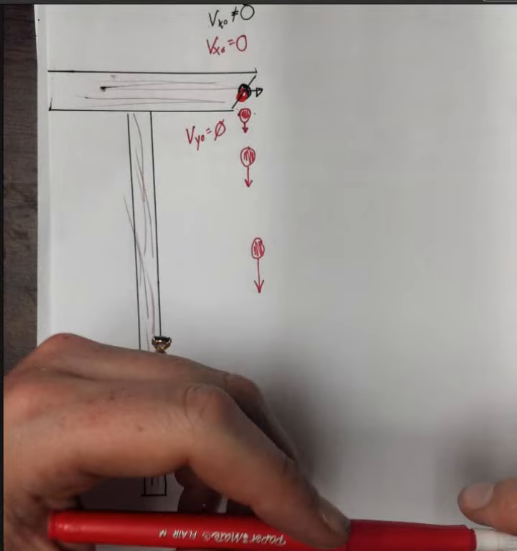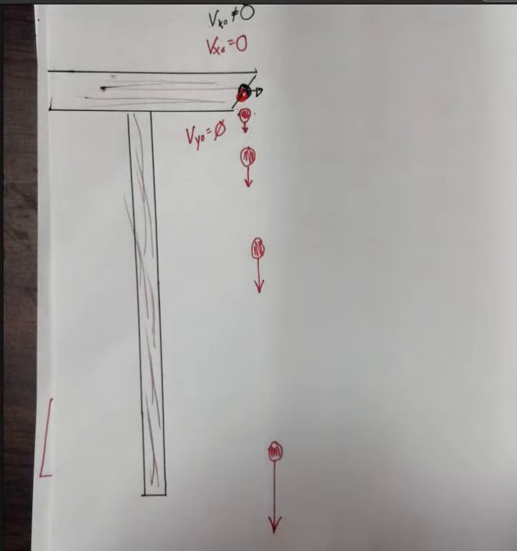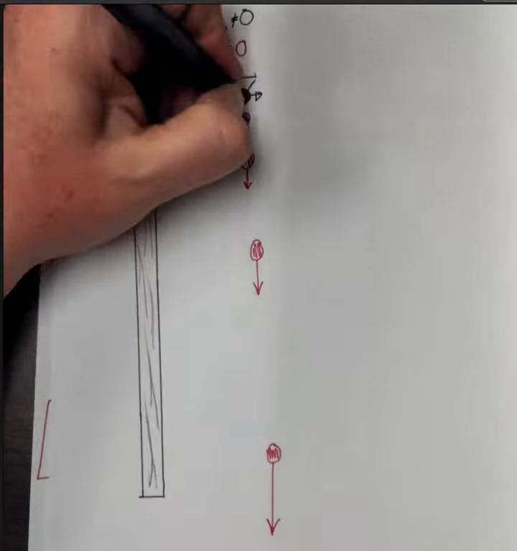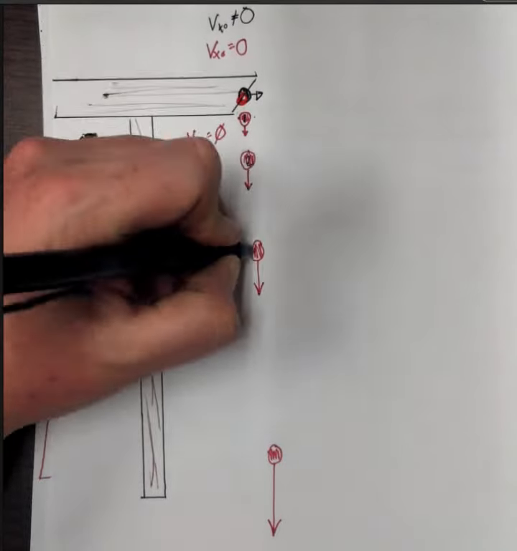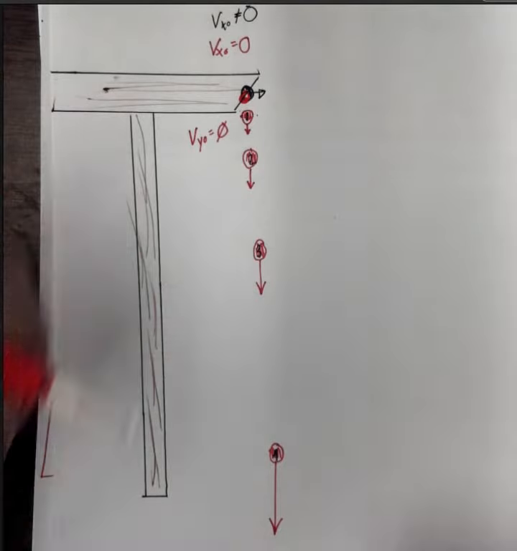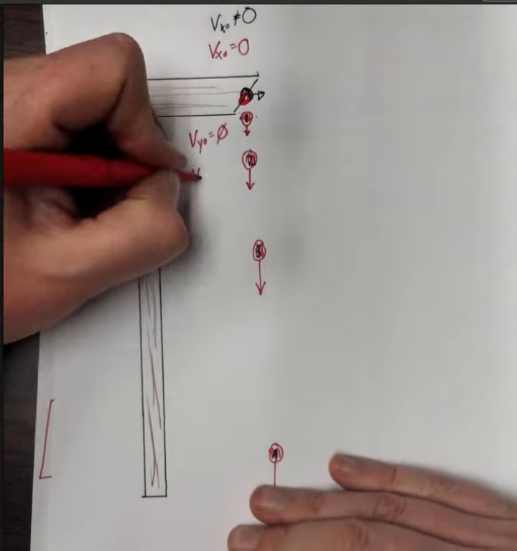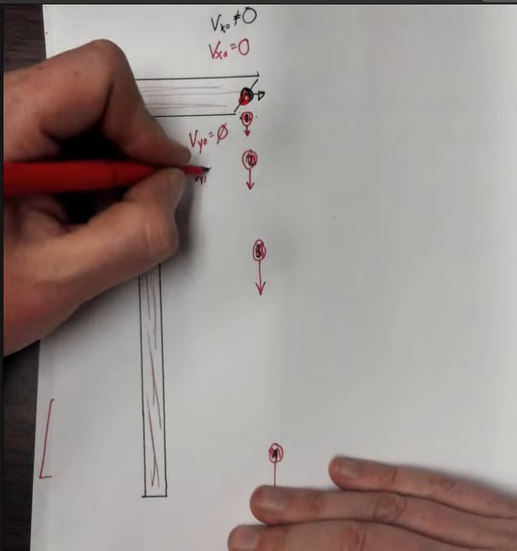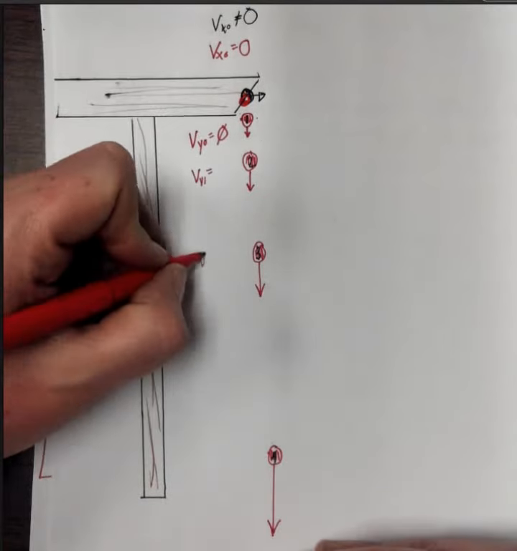We know that also initially, right, so we'll call this point 1, point 2, point 3, and point 4. And we know that for each of those points, Vy does not equal 0.